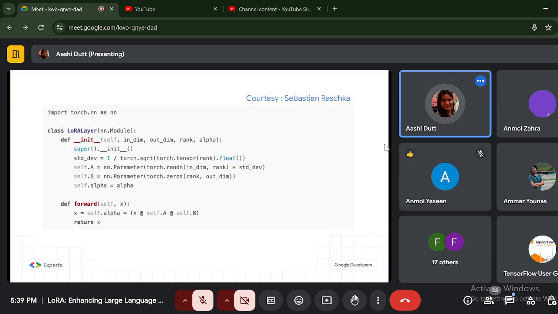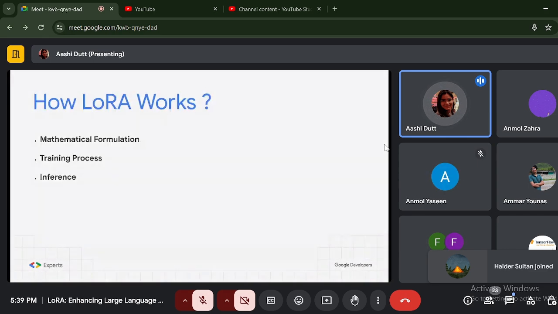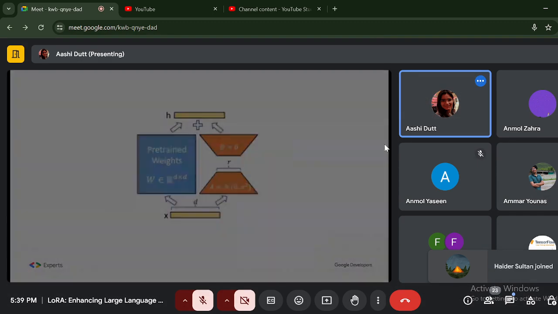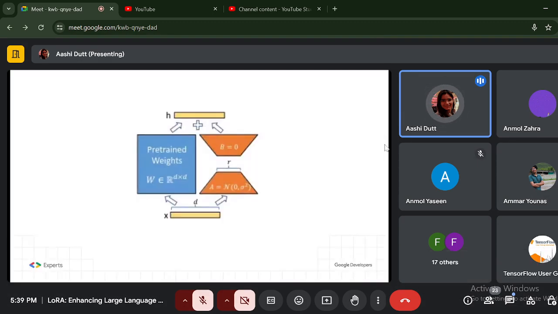Next is an example of how the code works with LoRA. This is written in PyTorch, but you can write it in any other programming language that you like. Here we have a LoRA layer class, very basic, and all the mathematics that we've learned previously, we are going to implement over here. Just remember this image.